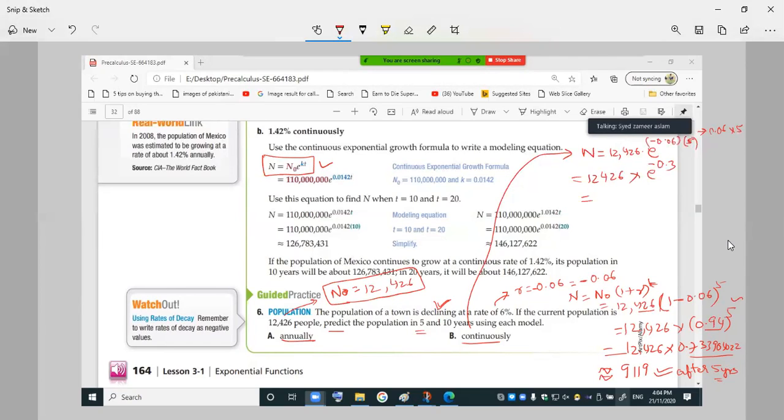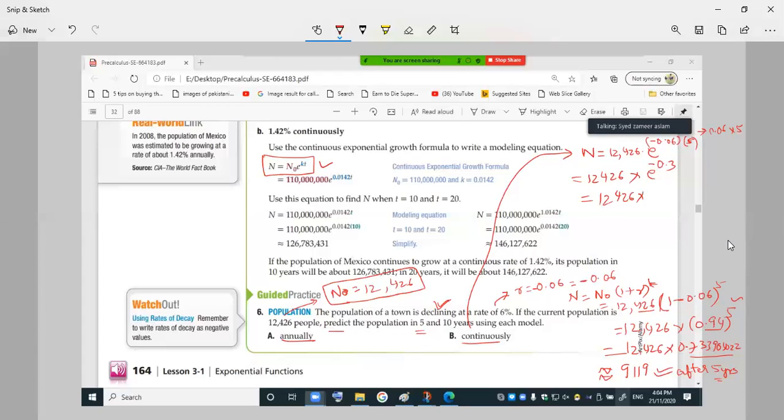Now find the value of e raised to negative 0.3. Using shift exponential function on negative 0.3, you get the answer.